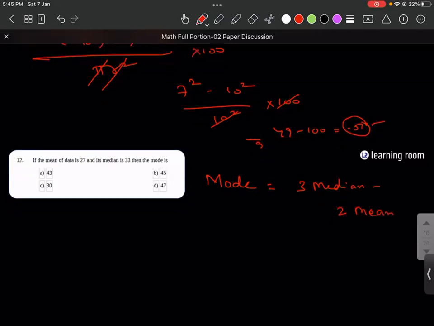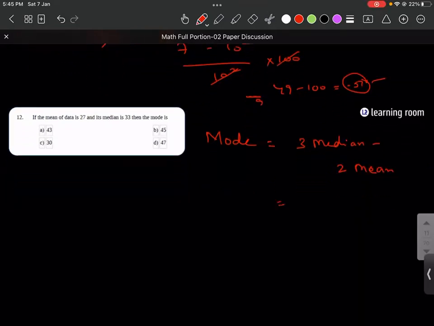Now they are asking mode only, no? So 3 times median is 99 minus 54, since mean is 27. So last digit should be 5. So 45 will be there.